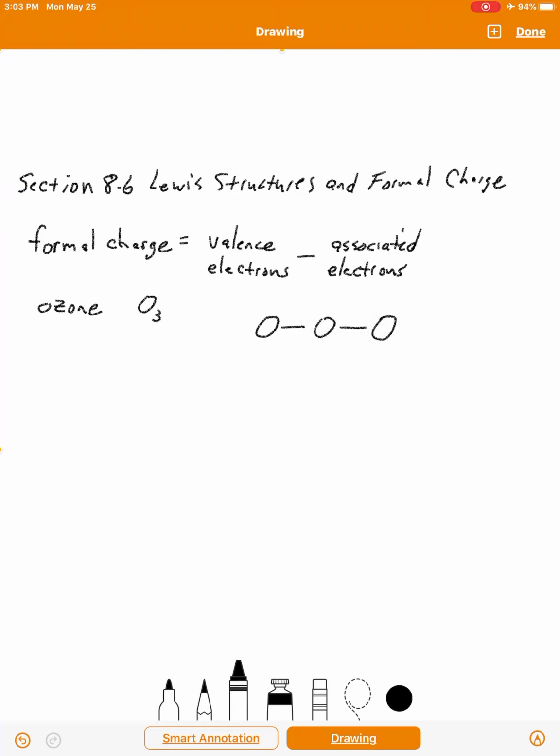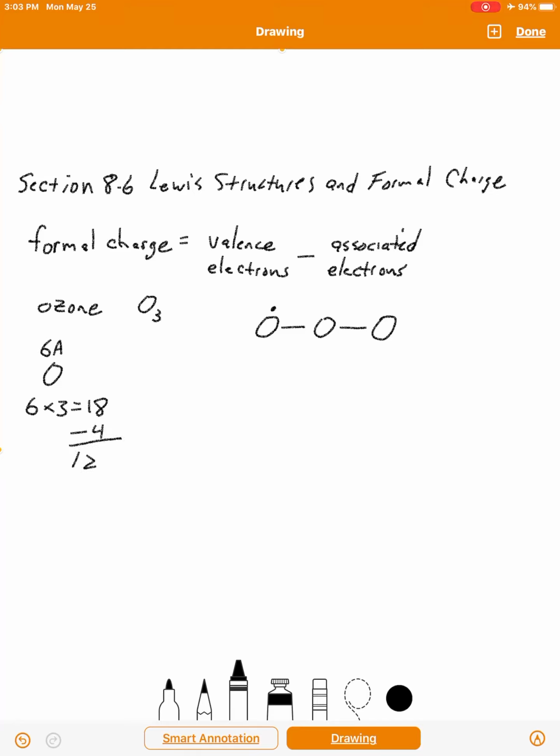Okay? Now let's just go ahead and draw a reasonable Lewis structure. Oxygen is in group 6A, so it has 6 valence electrons. There are 3 oxygen atoms, so that's 18 valence electrons. We've already used 4 valence electrons, so we're down to 14.